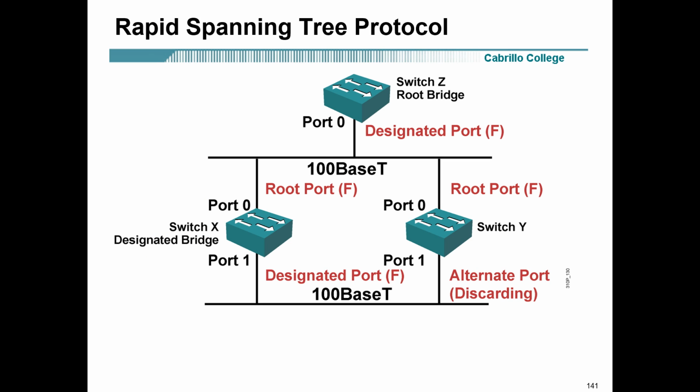So our RSTP allows for quicker convergence. Here we have 3 switches. We have our root bridge, we have our designated ports, our root ports facing it, and then our alternate or discarding ports down here.